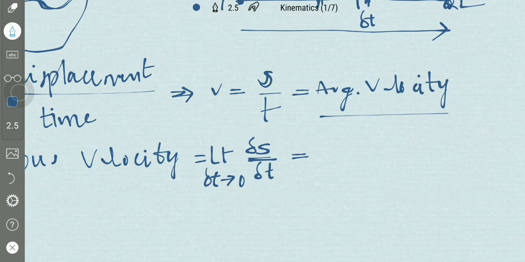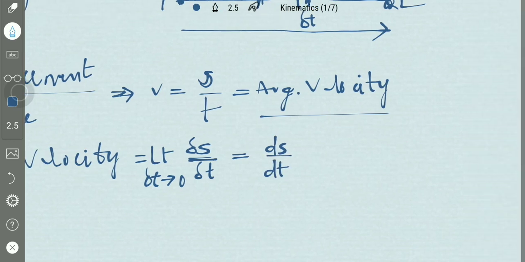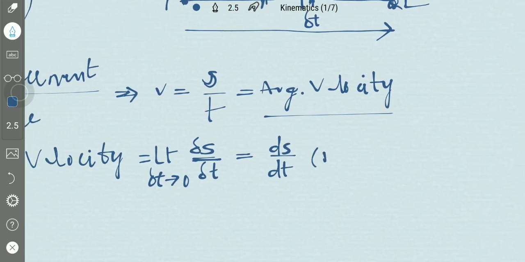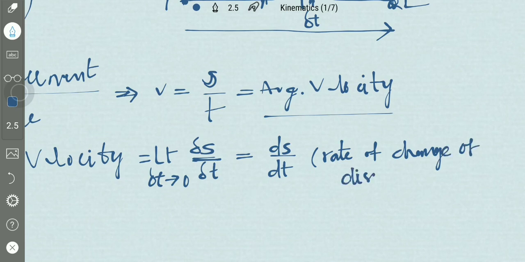So limit delta t tends to 0, delta s by delta t gives ds by dt. So what is it referring to? Rate of change of displacement is called velocity.